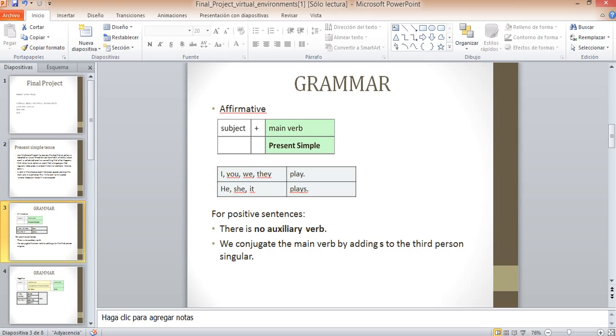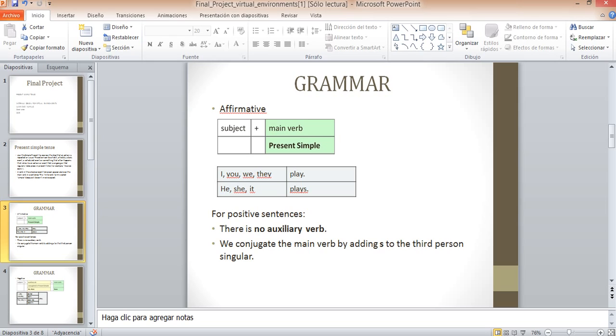In first place, we should put the subject, and then we should put the main verb in present simple, of course. As we see here, we see the different pronouns like I, you, we, and they.